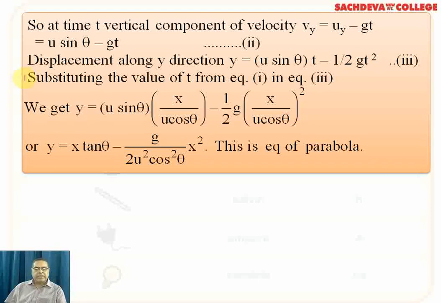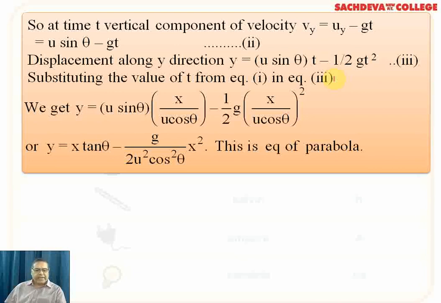Therefore, u sin theta, the vertical component, is multiplied by t minus half gt square. Now, we are substituting the value of t from equation 1 in equation 3. So it is purely a case of elimination and substitution. We are eliminating t, and the value of t is substituted in equation number 3.